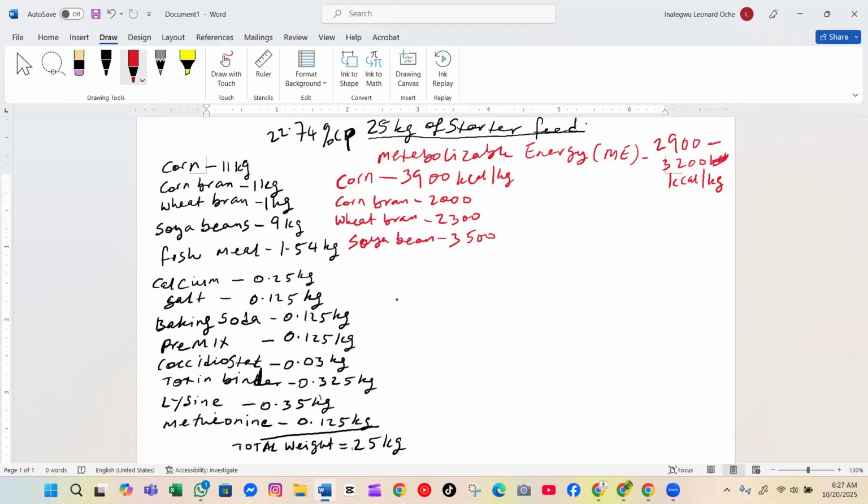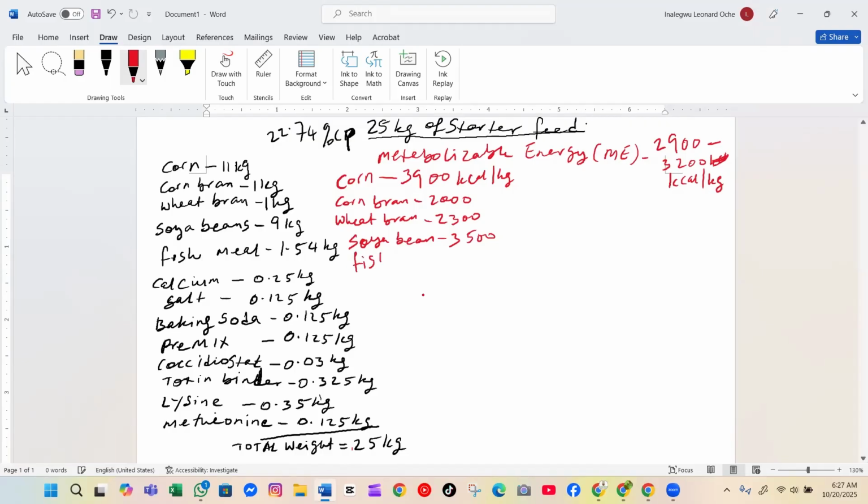Now the fish meal, the oil has been extracted from it. So the energy in the fish meal is different from the energy in the real fish, right? So the energy in the fish meal is very, very low. Okay. In the calculation, it can be neglected, but I'll put the values here so that you know it. Okay.